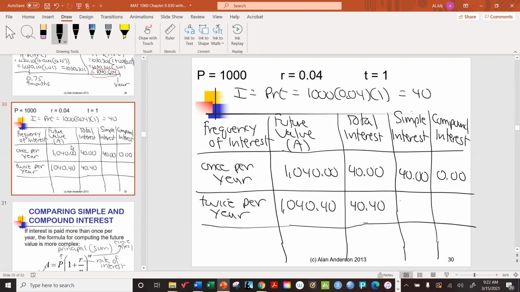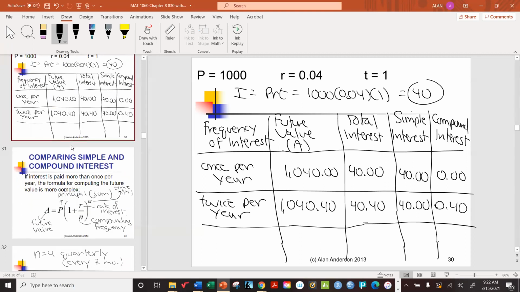Now, the simple interest is always $40 in this example, because what we're looking for in the compound interest column is the difference between these two. In other words, any interest that we earn which is not simple interest is compound interest. Remember, when we saw the diagram, where's that coming from? That 40 cents came from the interest we earned during the first 6 months of the year.